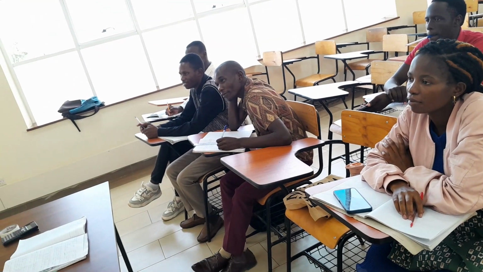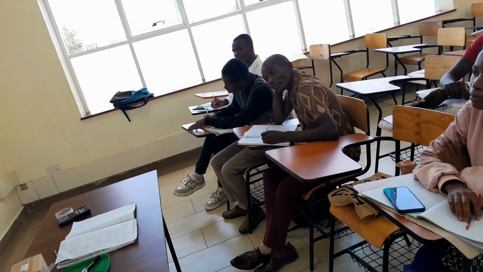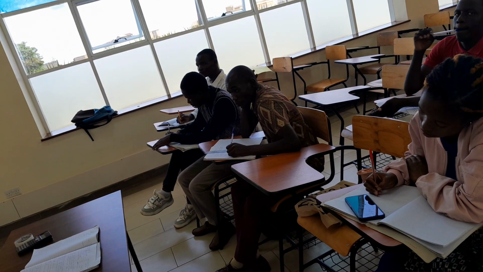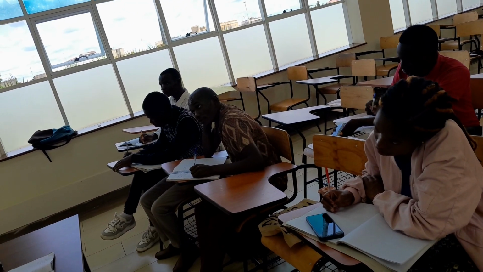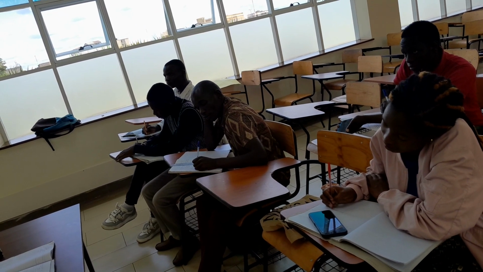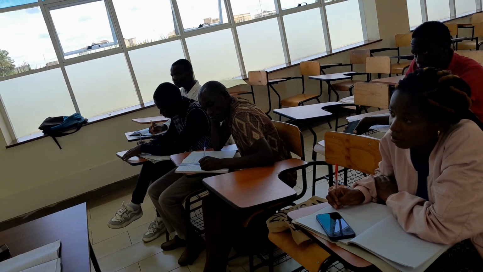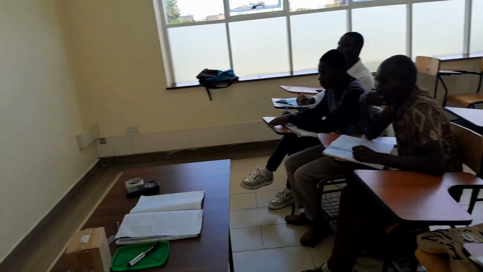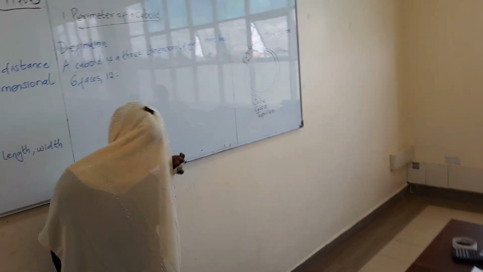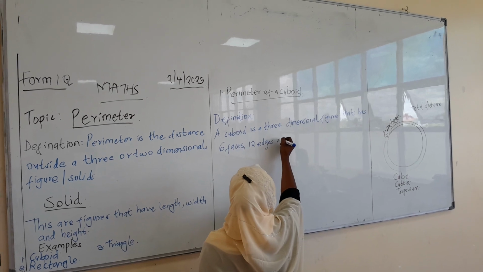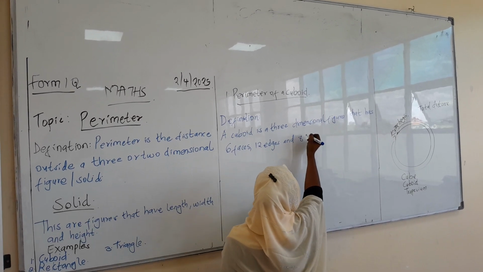Okay, back to class. A cuboid is a three-dimensional figure that has 6 faces, 12 edges, and 8 vertices.